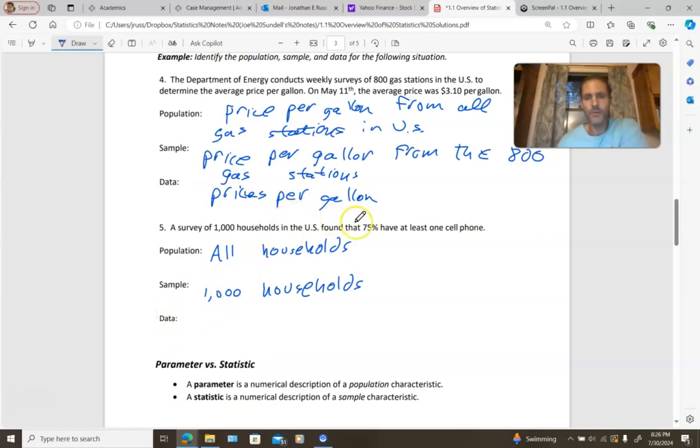And then the data is this right here. It's this statistic. The data is going to be essentially whether or not they have at least one cell phone. So I'm just going to say that 75% have at least one cell phone.